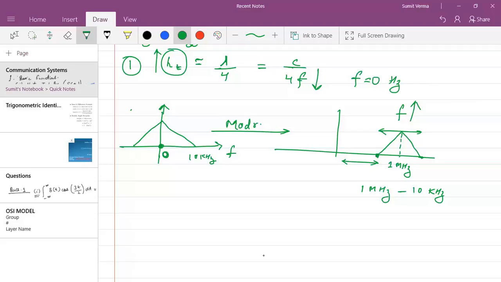It is allowing you to transmit the signal through antennas by shifting the spectrum of the original message signal to some new frequency range. And the demodulation process would be just the reverse of this. It will recover your original message signal by shifting it again to the original zero frequency component.